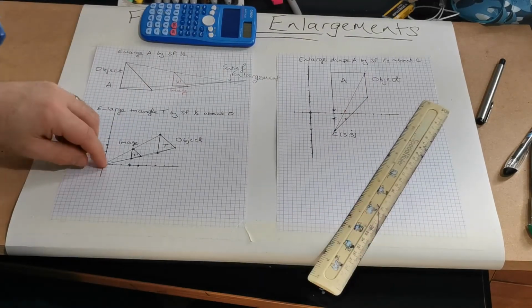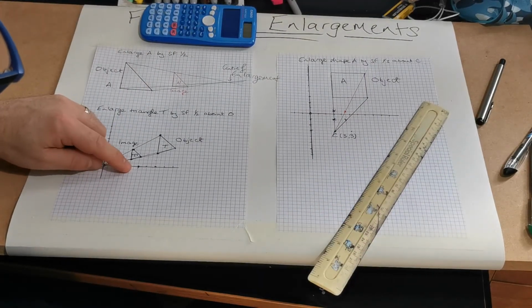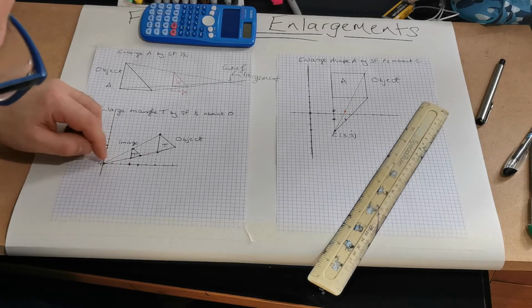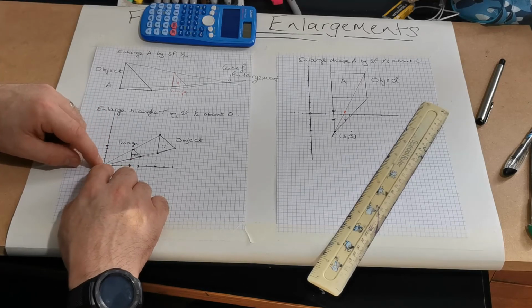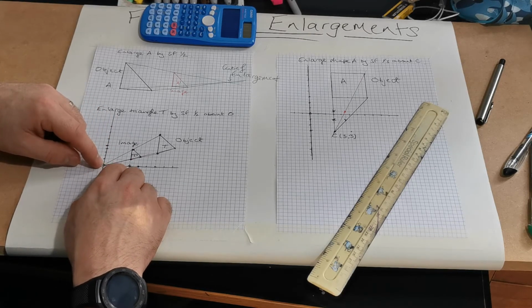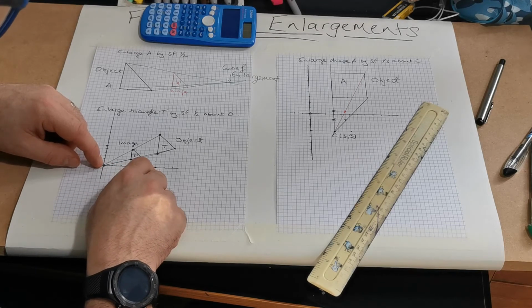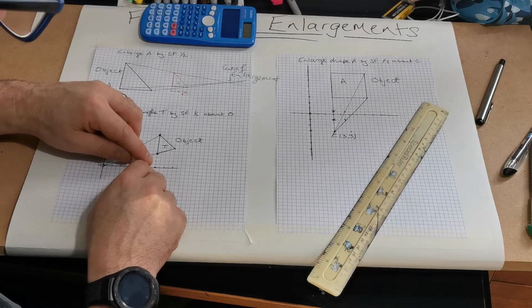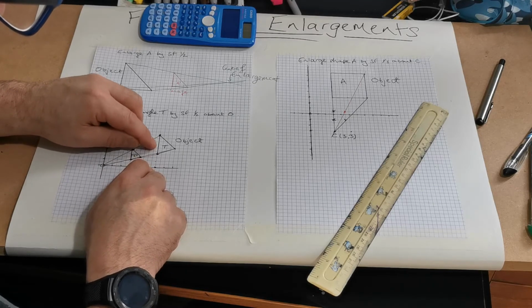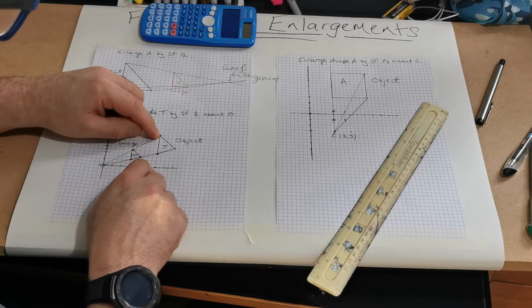So here I just looked at the difference in the x and the difference in the y. So I'd gone 1, 2, 3, 4, 5, 6, 7, 8, 9, 10, 11, 12 x's, and then 1, 2, 3, 4, 5, 6, 7, 8, 9, 10 y's.